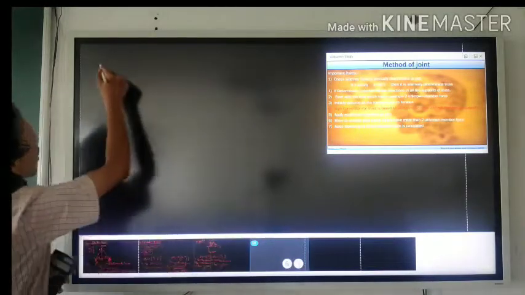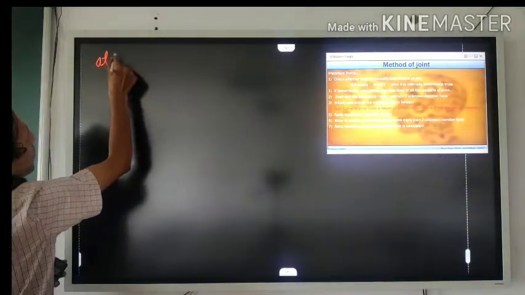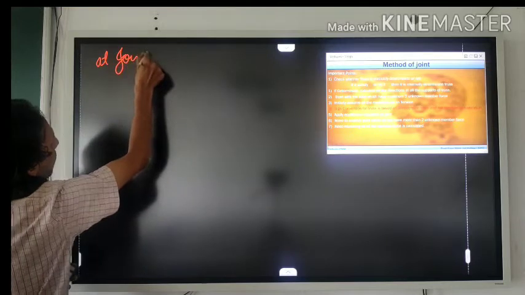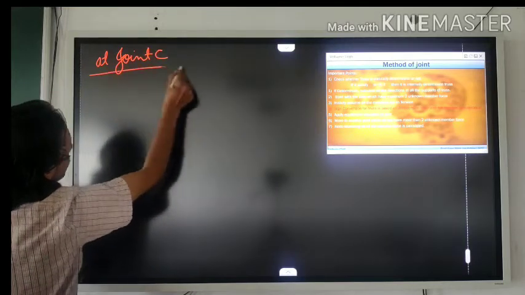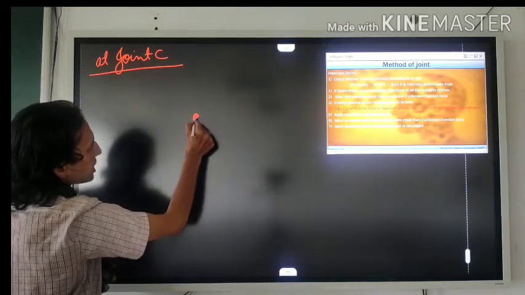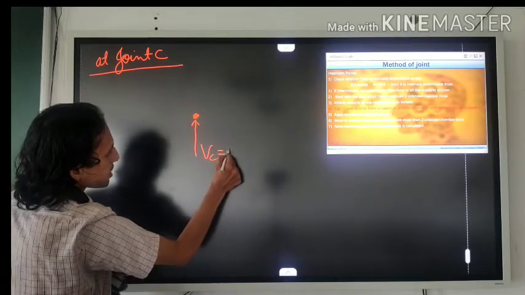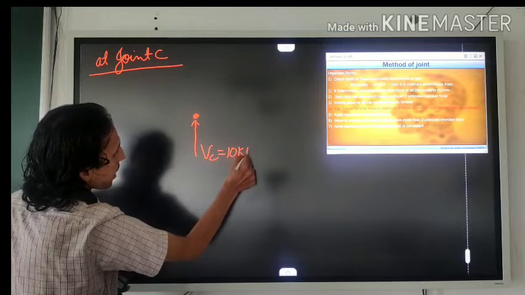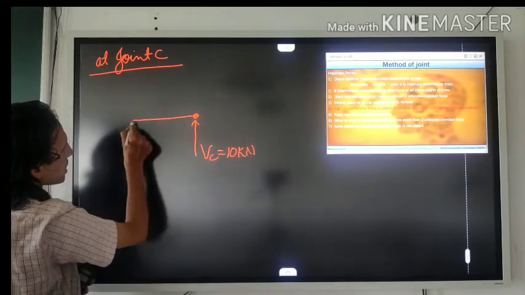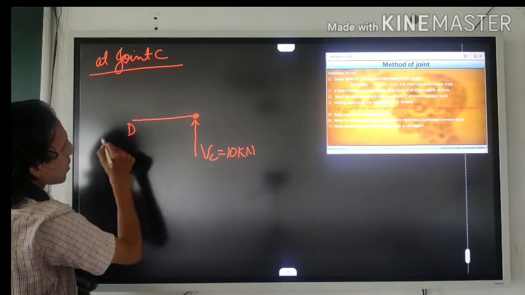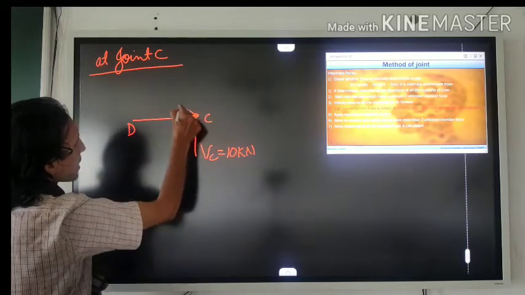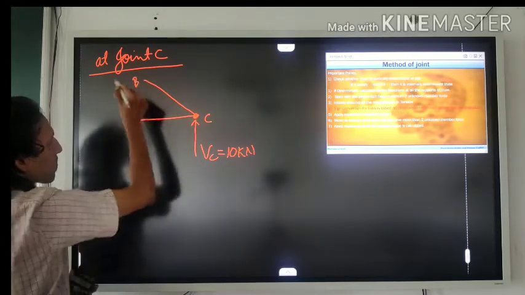So I will solve at joint C. This is joint C at which VC is acting. Its value is 10 kilonewton. There is some member DC here, and there is some member BC here.